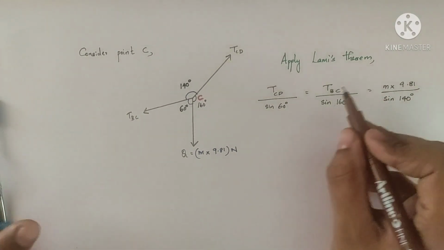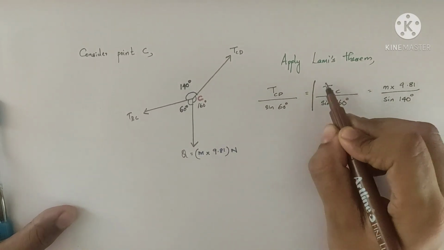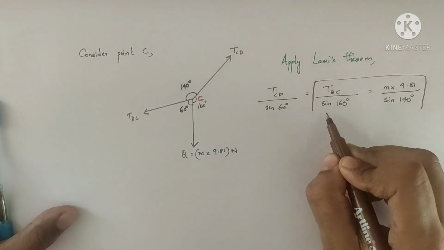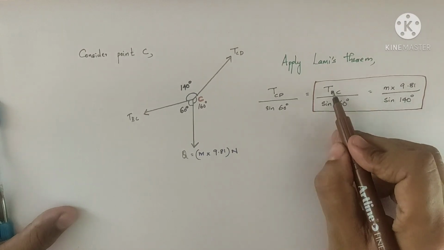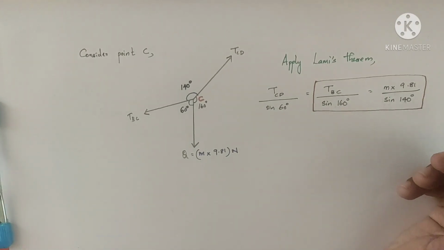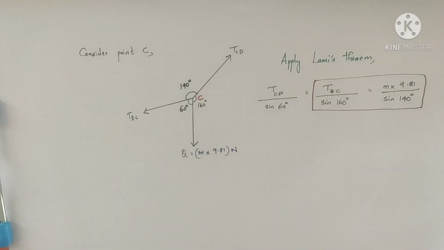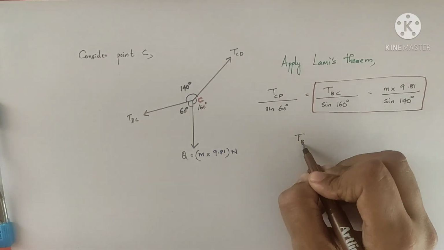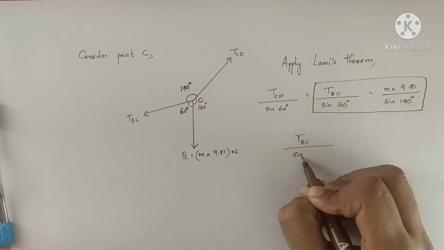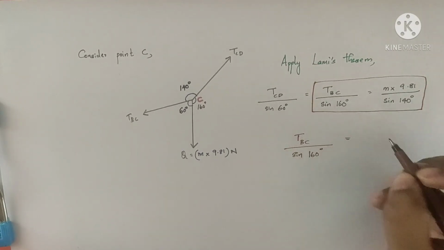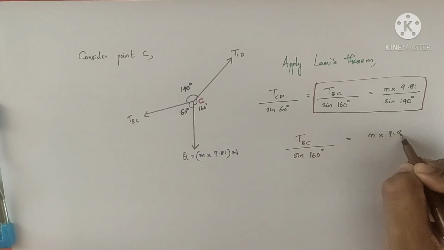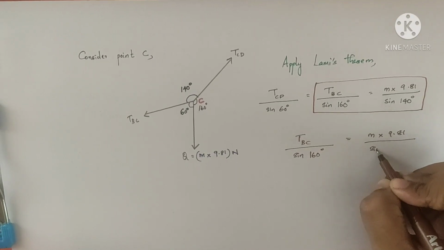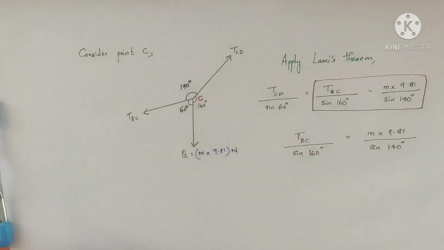So here we already know TBC. We'll take this equation. In this equation, we already know TBC, right? Now we can find mass M. So TBC by sine 160 degree is equal to M into 9.81 by sine 140 degree.